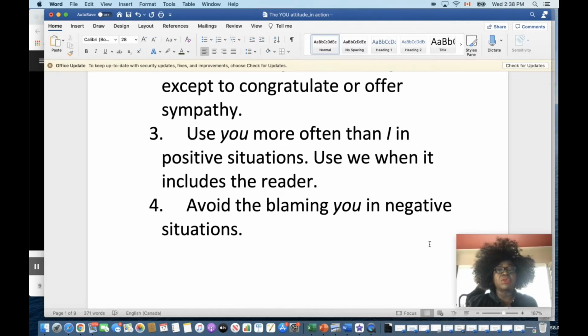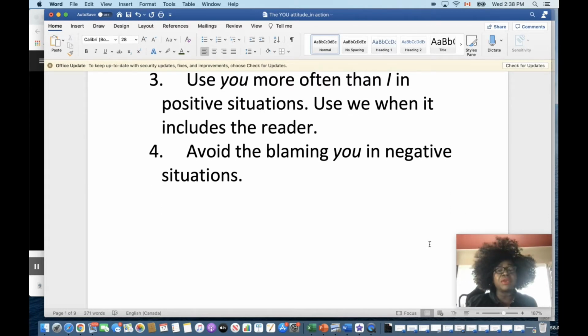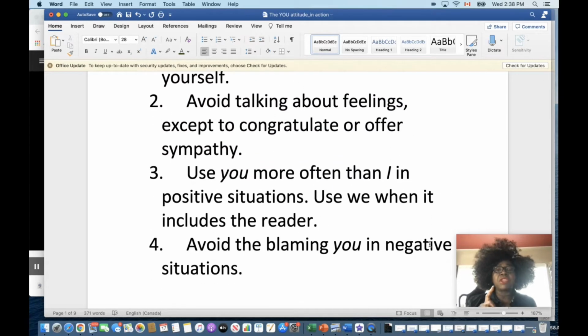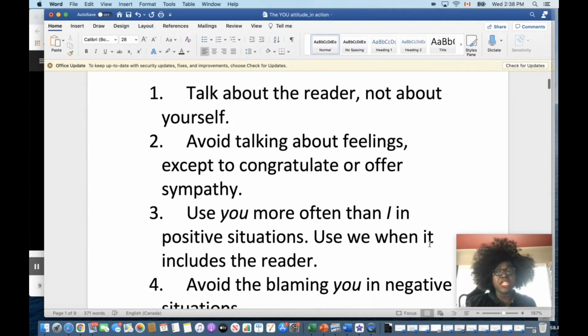You can also use you more often than you use I, even when it's a positive situation. And you can use we when it includes the reader. And the 4th way that you can create the you attitude is when you avoid the blaming you in negative situations. Now, for these 4 approaches, let me give you an example for each.